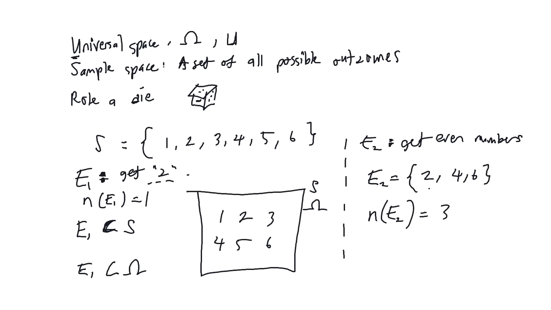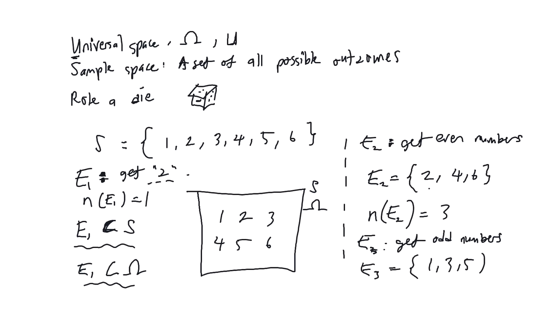I want to add one more example about the subset. Let's define event number 3. Event 3 is getting odd numbers. So what are those in E3? There are 1, 3, and 5.